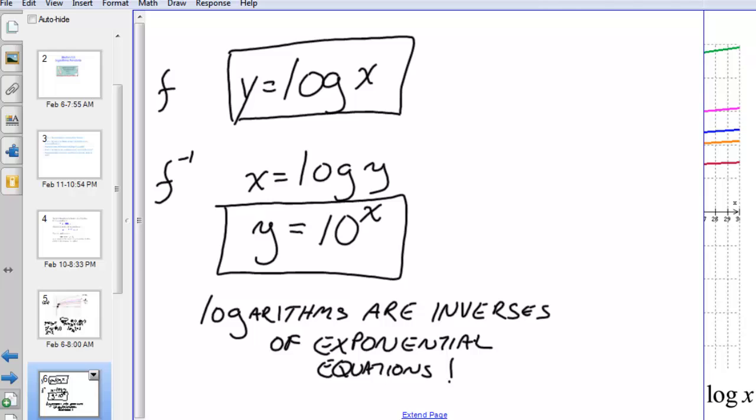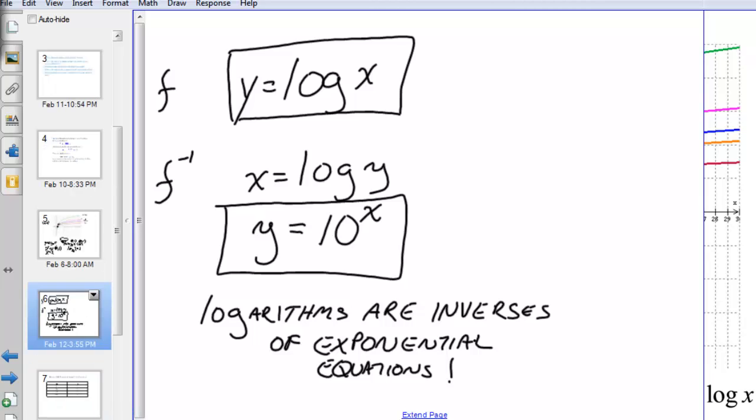Alright, so let's see what we can do with these logarithms. First of all, we've just looked at the patterns for linear equations, power functions, exponential functions, and quadratic.